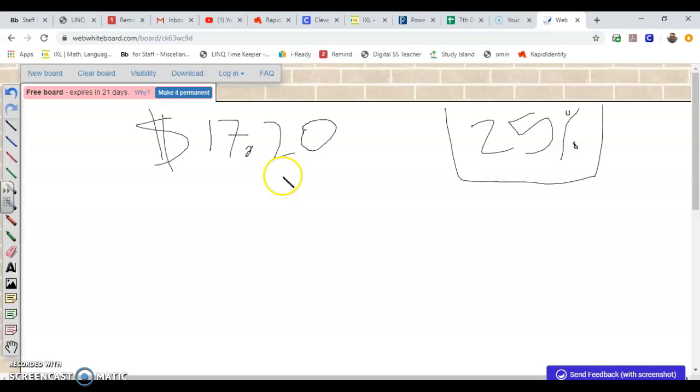Okay, so with that, I'm going to multiply times 1, because that is what the bill is. That represents the bill, if I multiply times 1. And then I'm going to multiply times whatever this is as a decimal. So I'm going to move it over twice, and it's going to be 0.25.